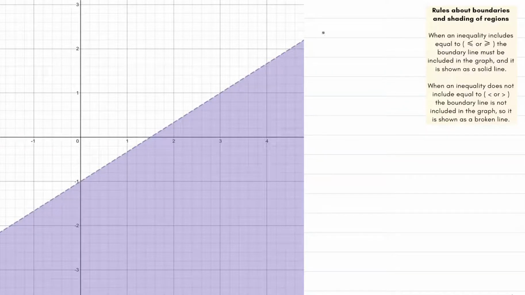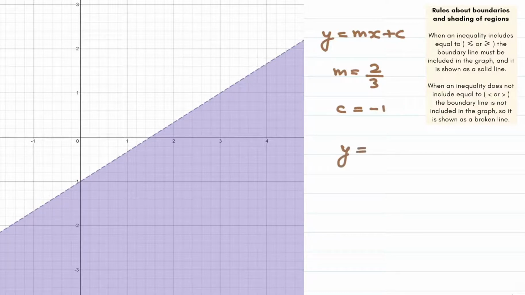Here, once again, we need to find the equation of this broken line. For that, the gradient of this line is 2 over 3, and c, which is the y-intercept, is negative 1. So the equation of this line is y is equal to 2 over 3x minus 1.